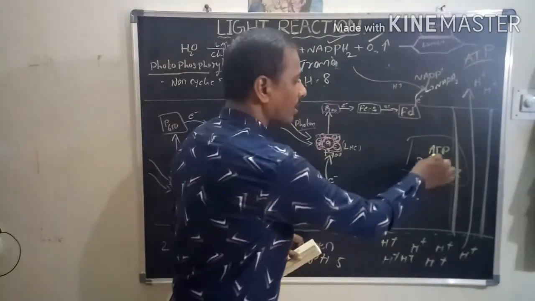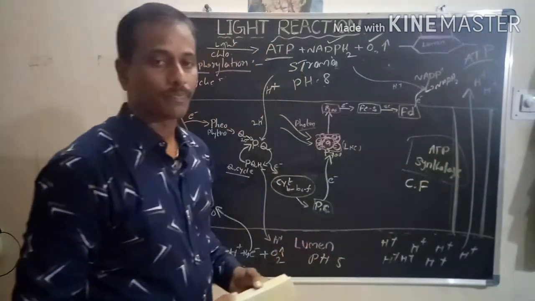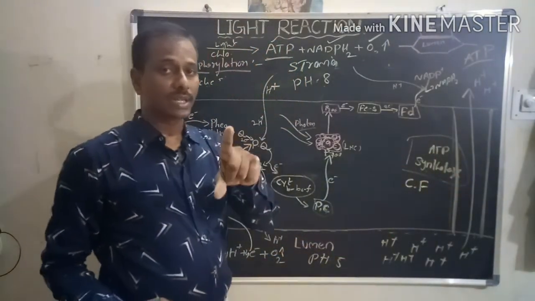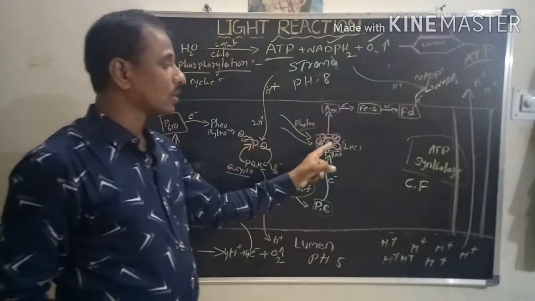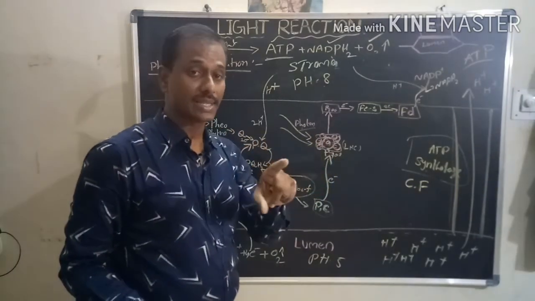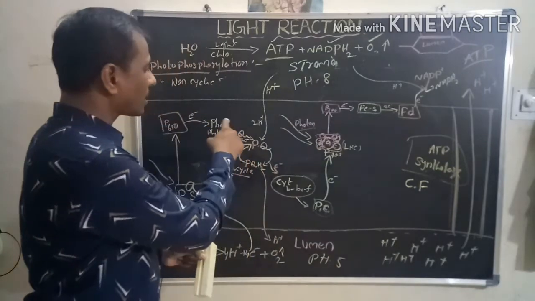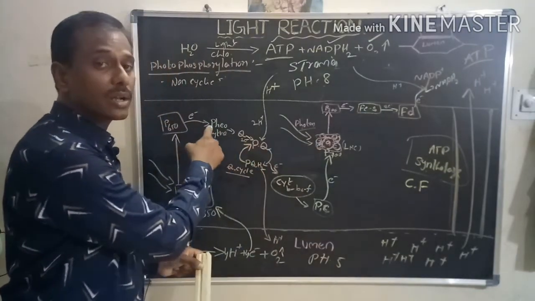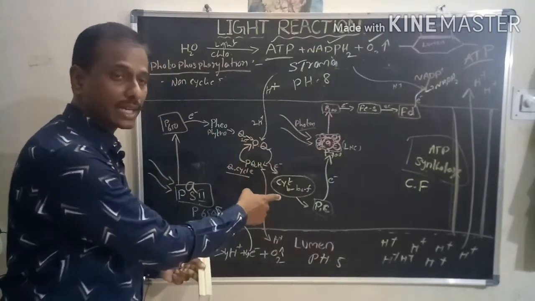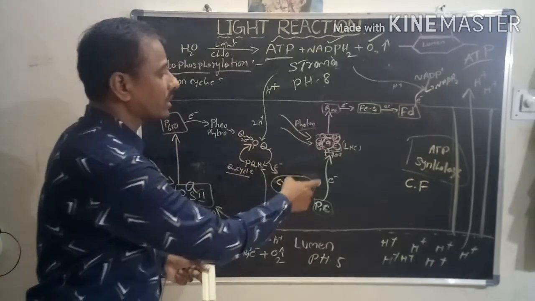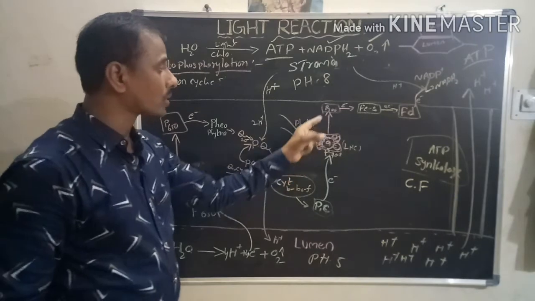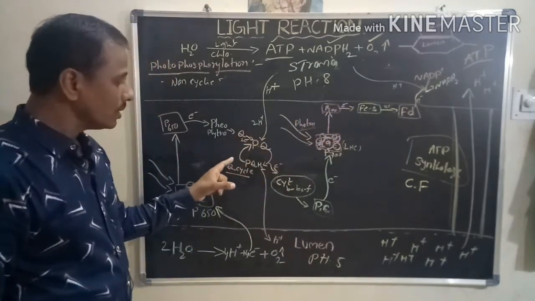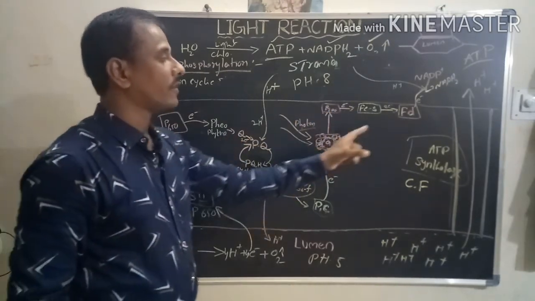Okay, so this is about the ATP synthetase enzyme. In the light harvesting complex, I told you it contains chlorophyll pigments, proteins and enzymes. These are the functional proteins that we call enzymes. They help in the transportation of the electron. These are the electron transporters: plastoquinone, cytochromes, pyridoxine.